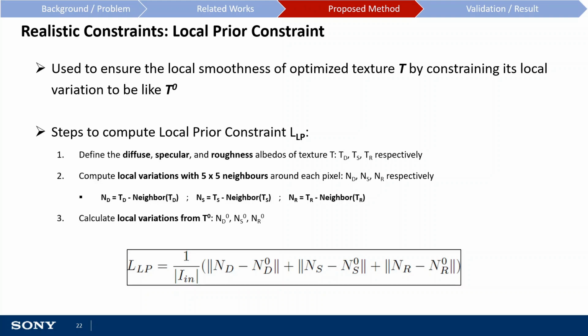And as the next step, we set the local variation of Td, Ts, Tr as Nd, Ns, and Nr, which are computed with 5x5 neighbors around each pixel, using the formulation on the slide. N0D, N0S, and N0R are local variations calculated from T0 texture. The local prior constraint LLP is then defined as the following equation.